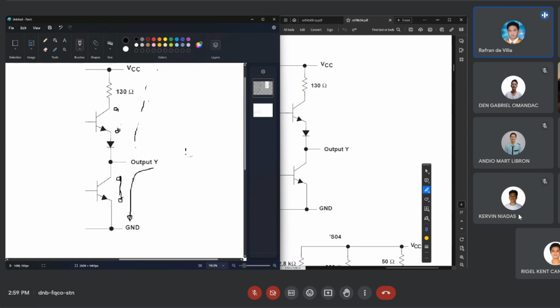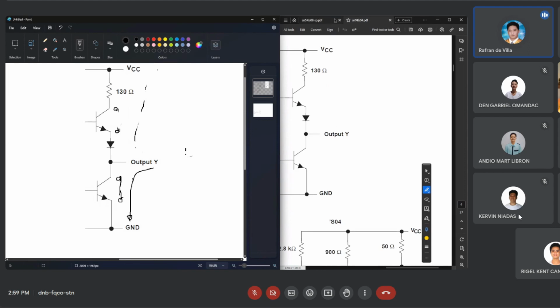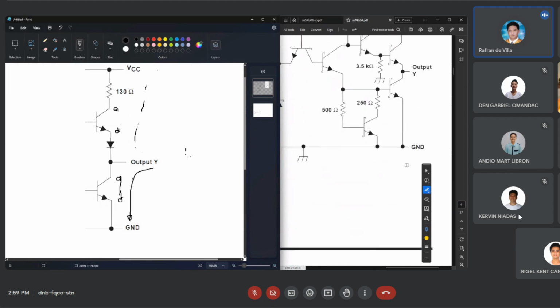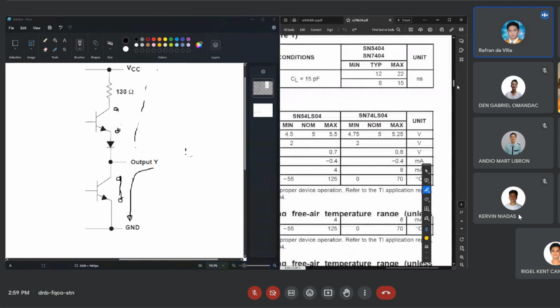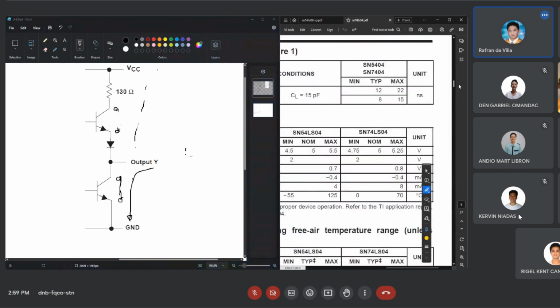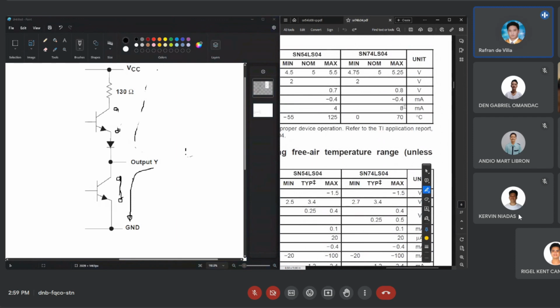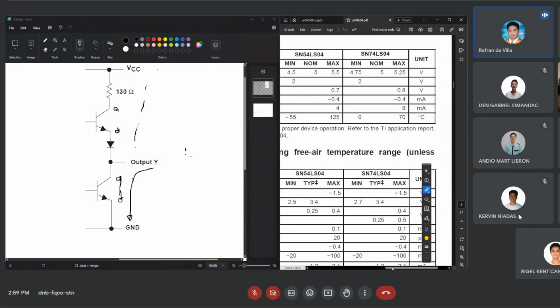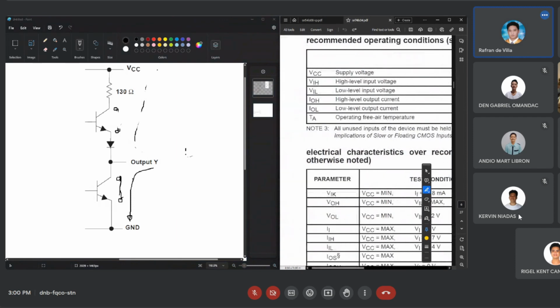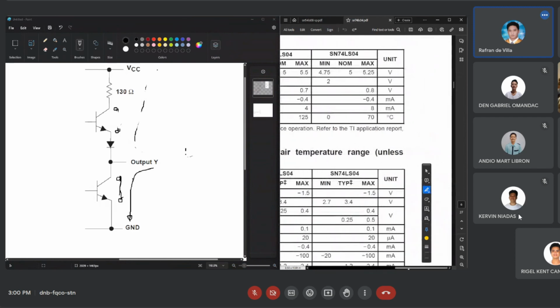Okay? So kanang 130 ohms dira actually maunay usa sa cause as to why ang output current nato diri is smaller as compared to the current output high. Okay? Nagets ba?